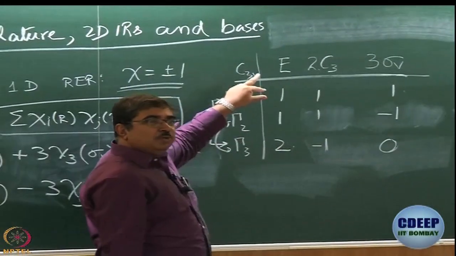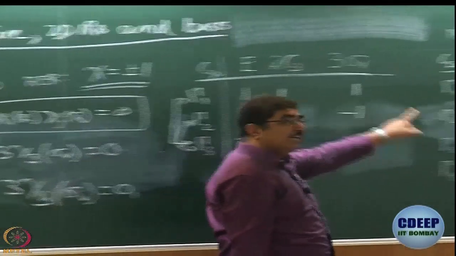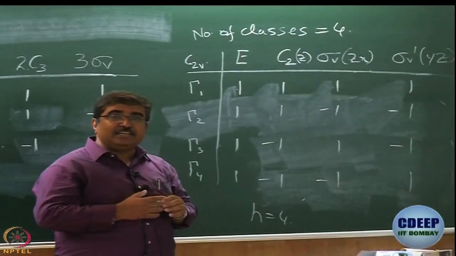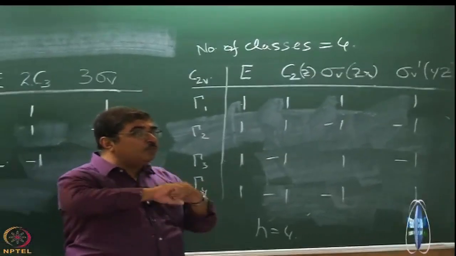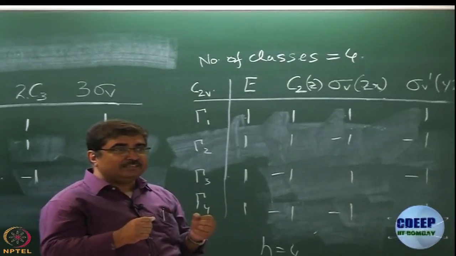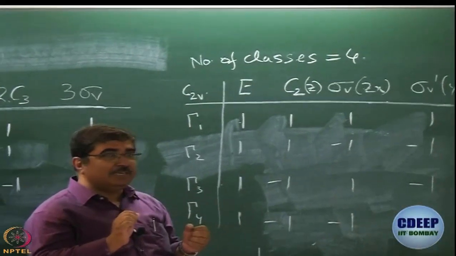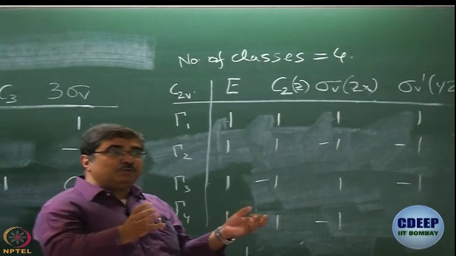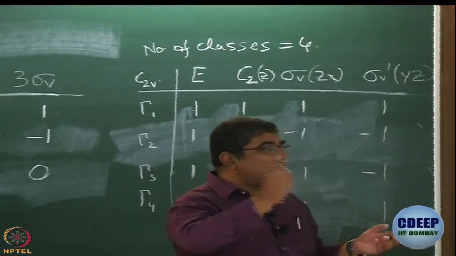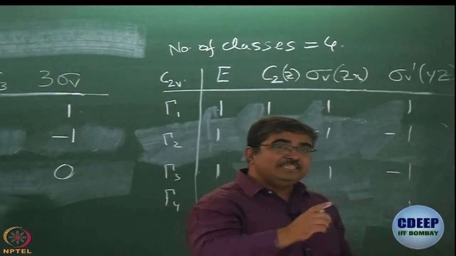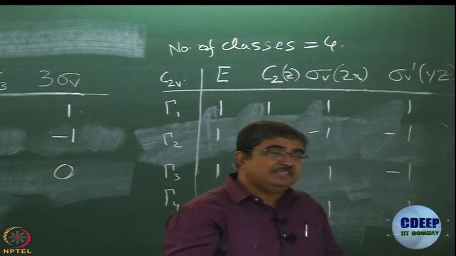What about C3v? First of all, another important thing is that in C2v, what we understand is that there is no mixing of functions by any symmetry operation. Now, when you took the hydrogen atoms, it appeared that there was mixing, right, because off diagonal 1 is there. What it means is that it is a reducible representation.